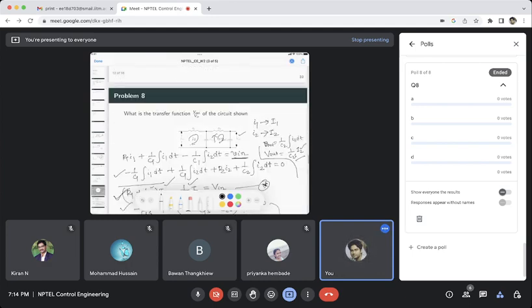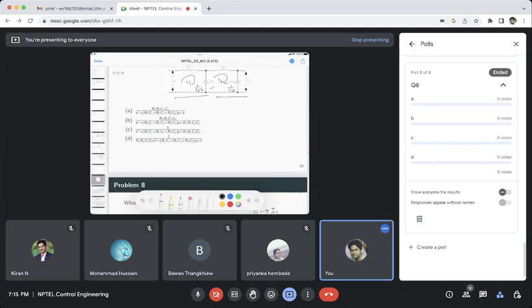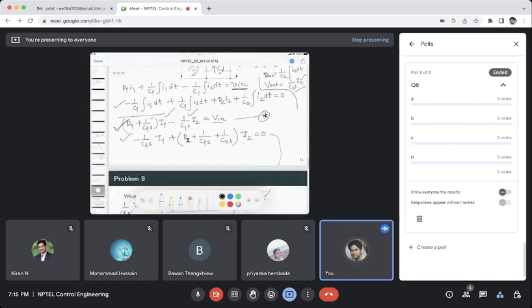You can check this. You just have to compute this, just lengthy computation, nothing else. You just apply KVL and then simplify.